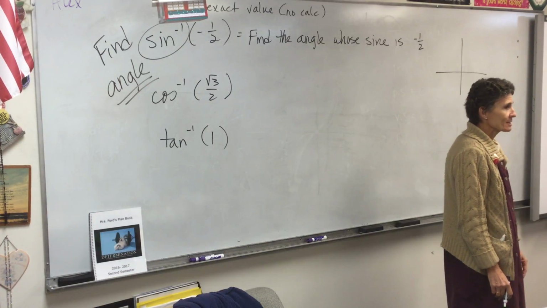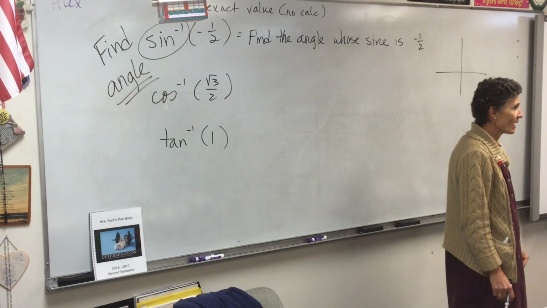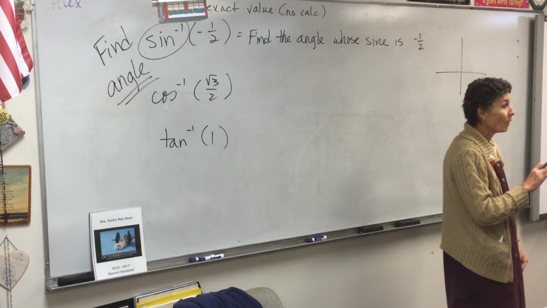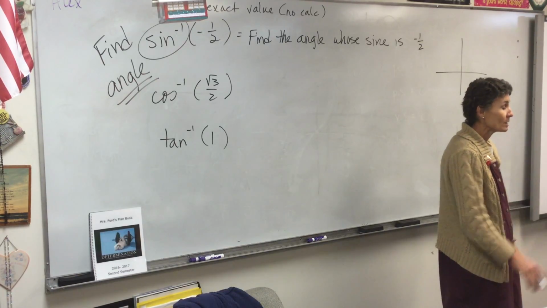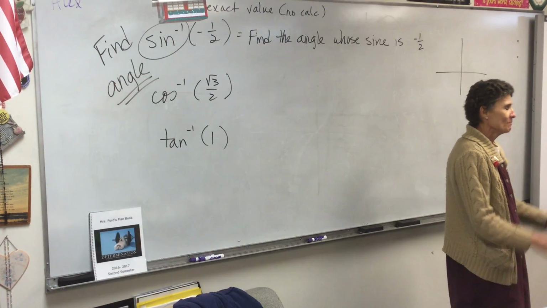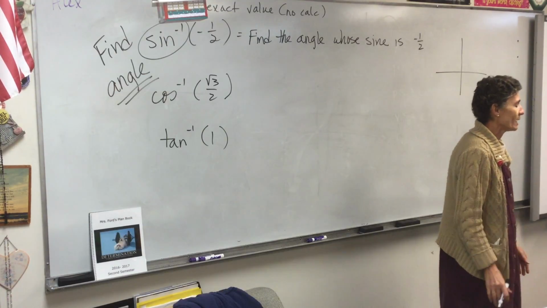Sine is Y over R. Sine is Y. I don't know how you're going to remember that. It's kind of stupid, but I remember sine, Y. They kind of have the same sound. I don't care how you do it. You can laugh at me, but I get the problem right. You've got to remember sine is Y, okay?